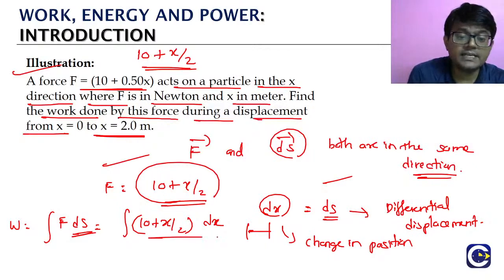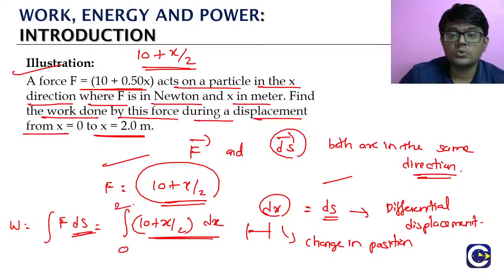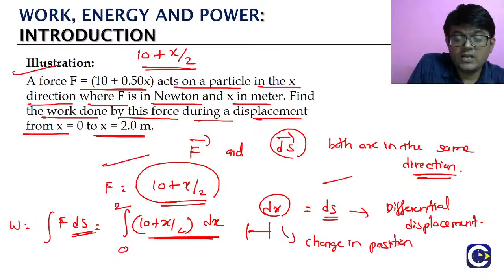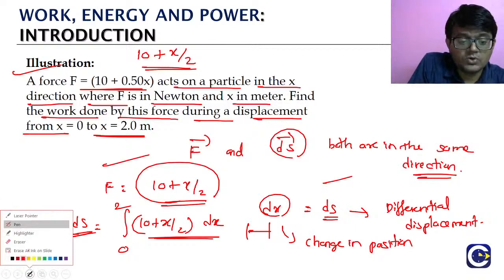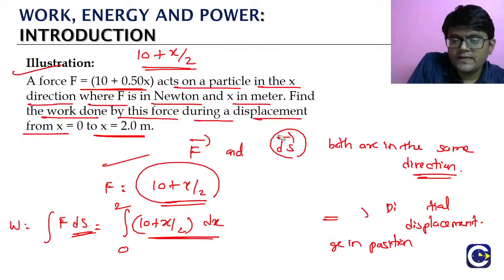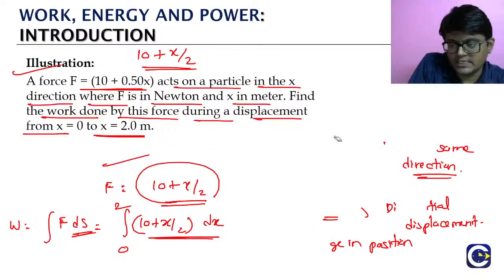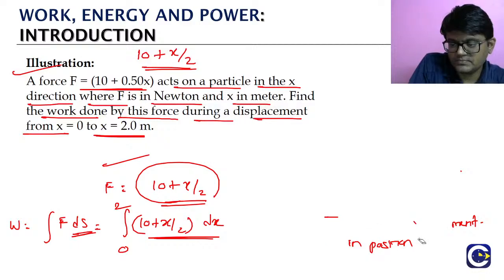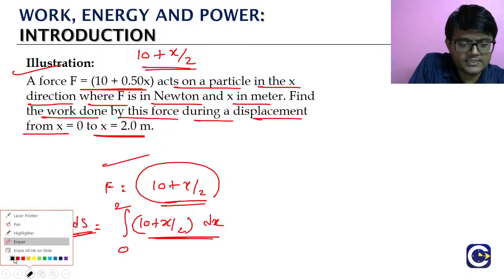So the integration is with respect to the variable x, and the value of x must vary from 0 to 2. If we are able to conclude the integration, we will be able to find the work done.